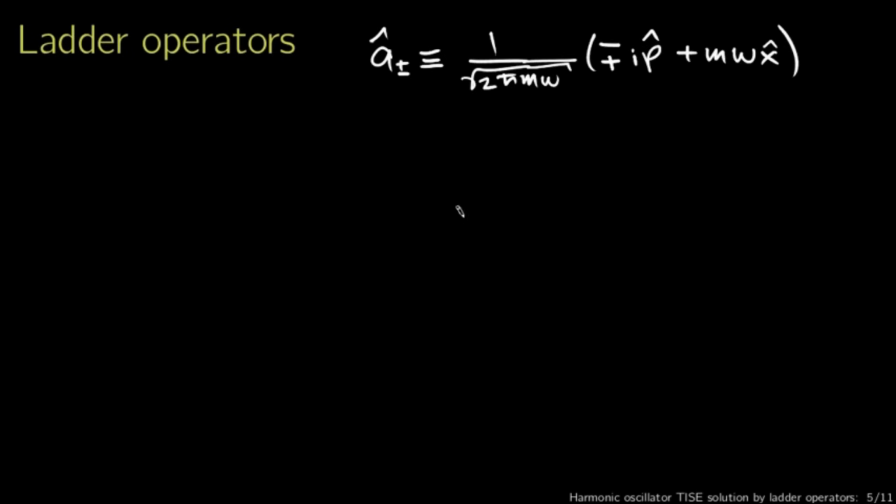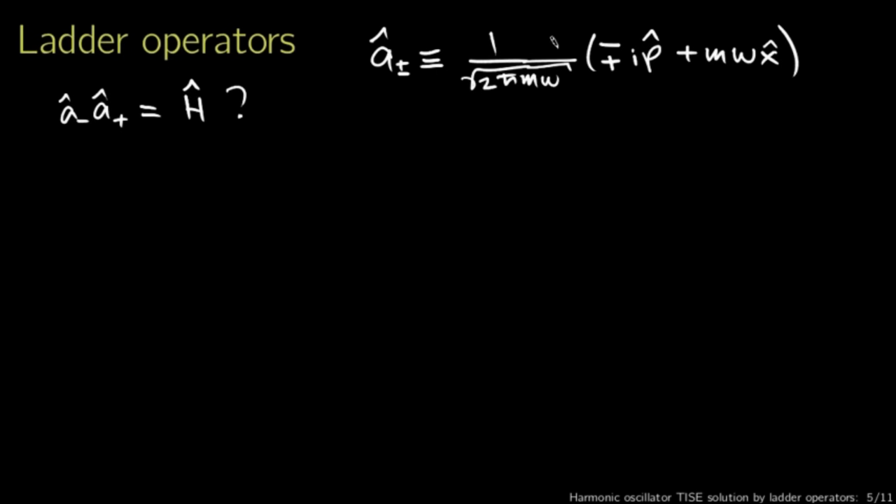Let's see. If we have something that properly factors, what we should have is that a hat minus times a hat plus is our Hamiltonian. Is this true? This is an operator algebra problem, and operator algebra problems are tricky to do without test functions, but initially we can just write this out.